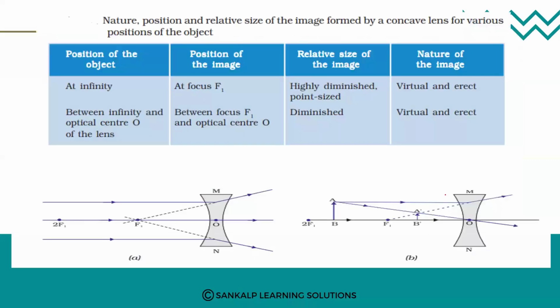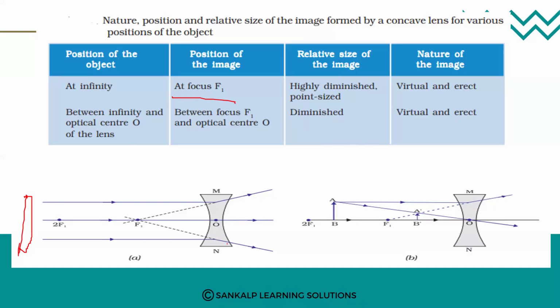Okay. Next one. Nature, position and relative size of the image formed by the concave lens for various positions. So this is about the concave lens. Now, when the object is at infinity, the position of the image will be at focus f1. So see here, one ray is coming like this and one ray is coming like this.